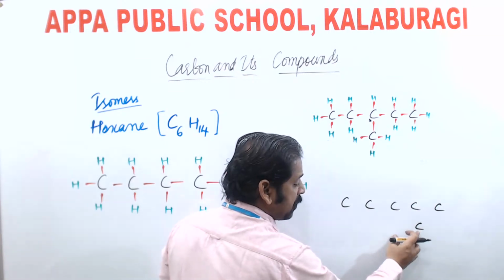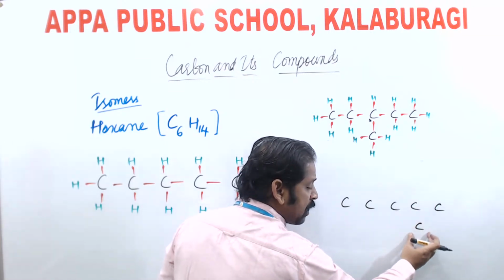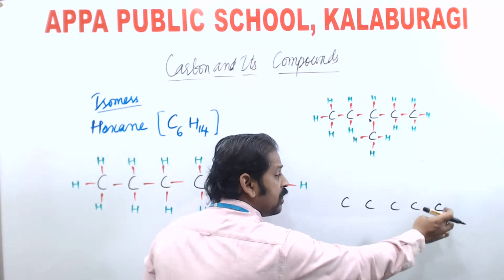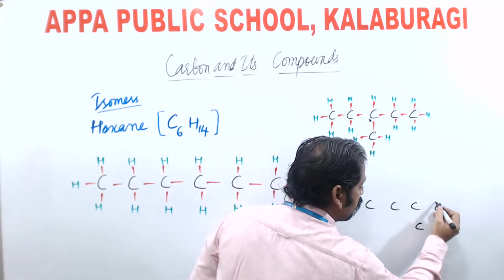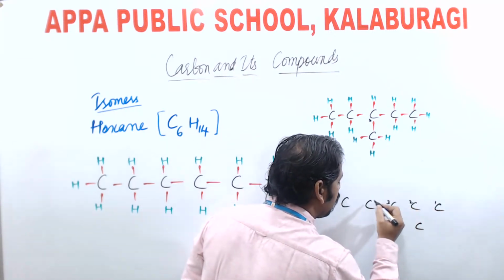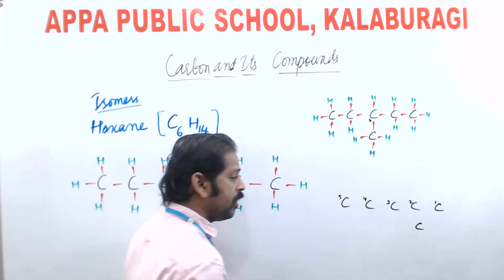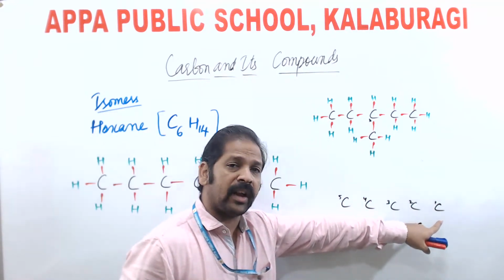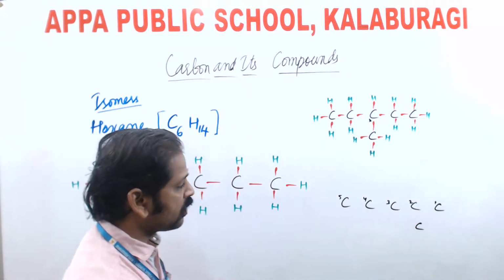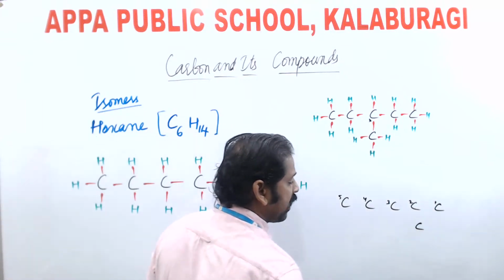This attached carbon is near this carbon, so this is the first carbon. Wherever it is nearest, those are called the nearest carbons. So it is called a 2-methyl group.